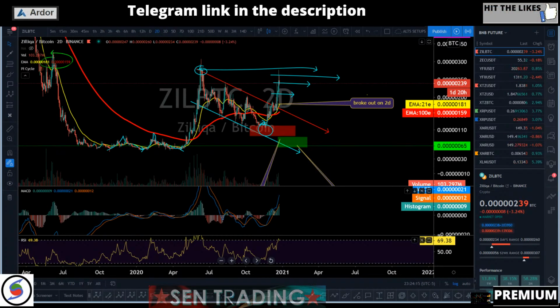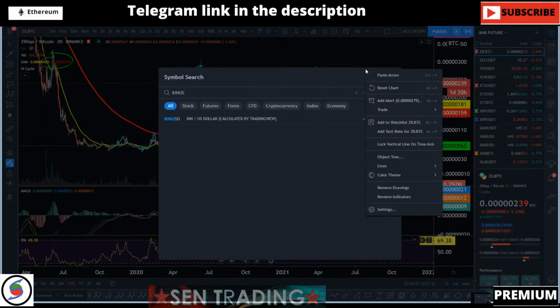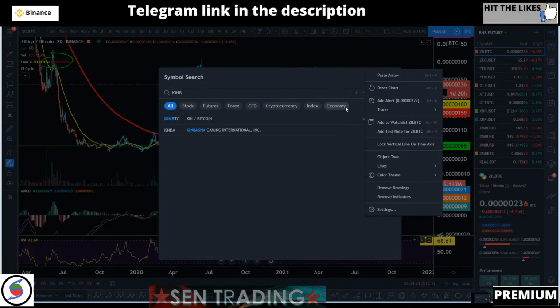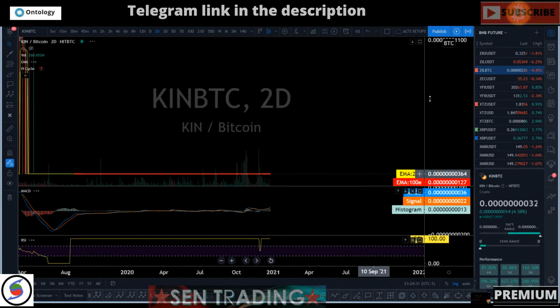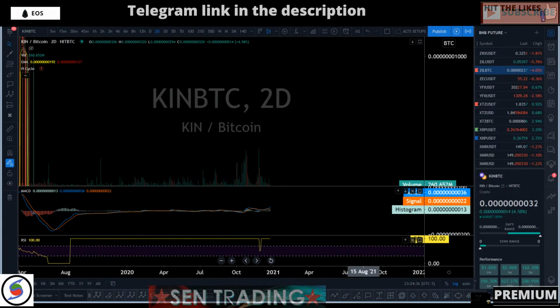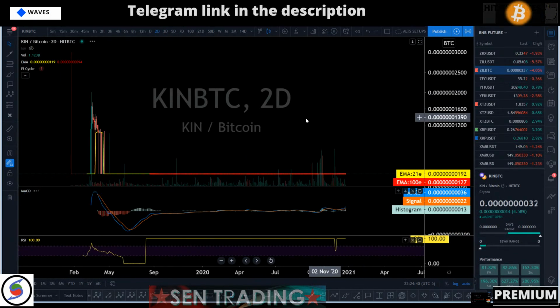Kin coin. Let's take a look at Kin BTC. This coin is still not on Binance, so it doesn't have enough history. I mean, it does have history, it just doesn't have enough volume.